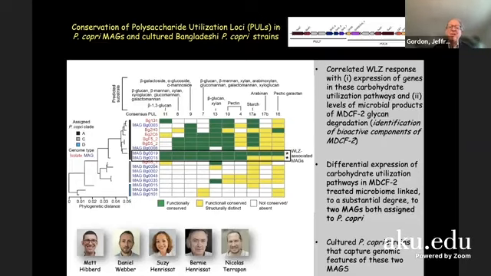And these particular P. copri MAGs had much more conserved pools than any of the other P. copri MAGs and served as a guideline so that we could culture from the well-preserved fecal samples the organisms that are represented by these MAGs. So we were able to culture P. copri strains that capture the genomic features of these transcriptionally responsive to MDCF2 MAGs.